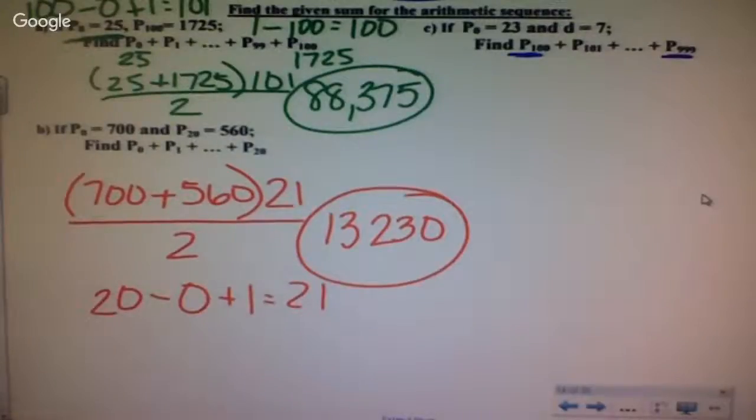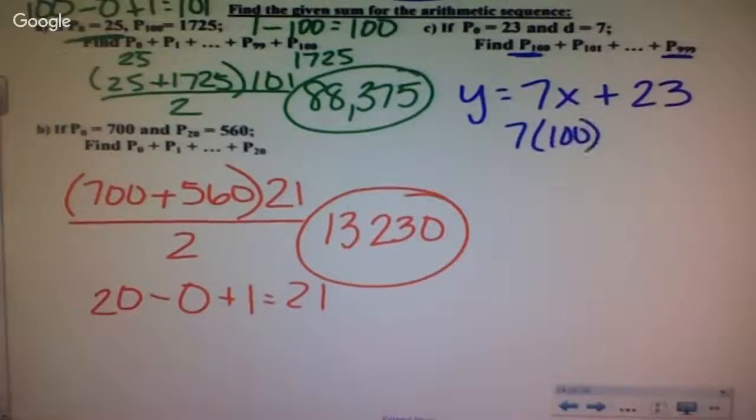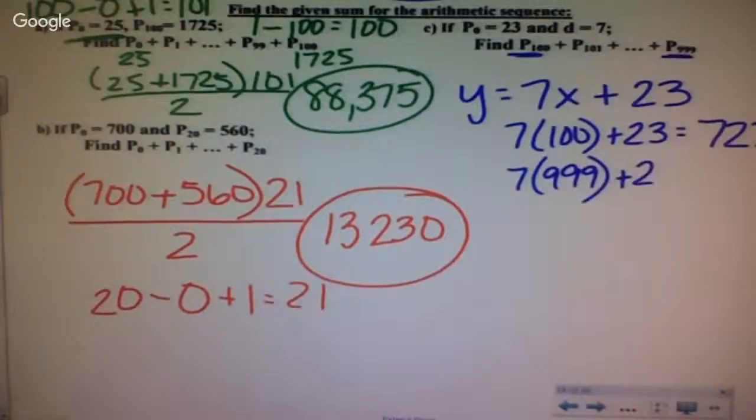Sure we can. What does my equation look like? y equals 7x plus 23. So I need to plug in 100, which is 723. And then I also need to plug in 999 because that's my last term. 7,016.